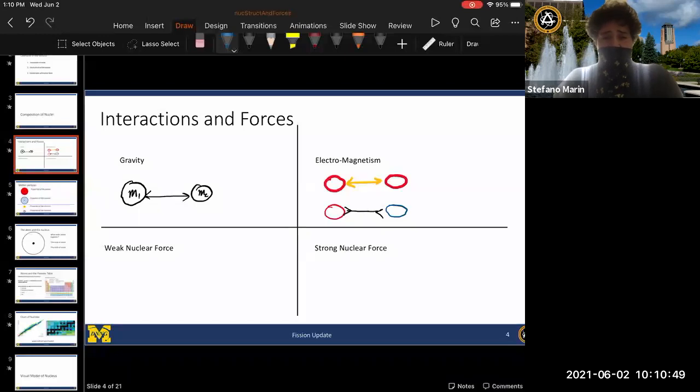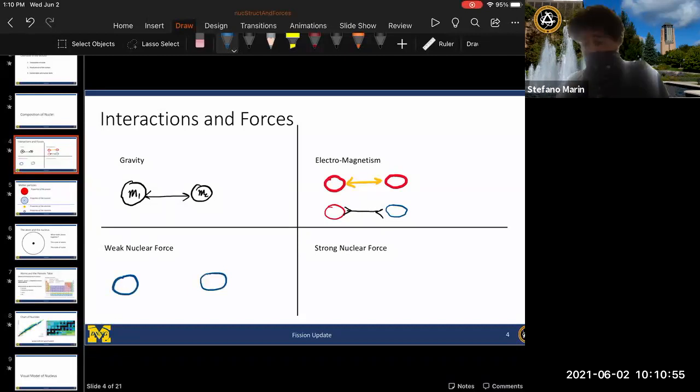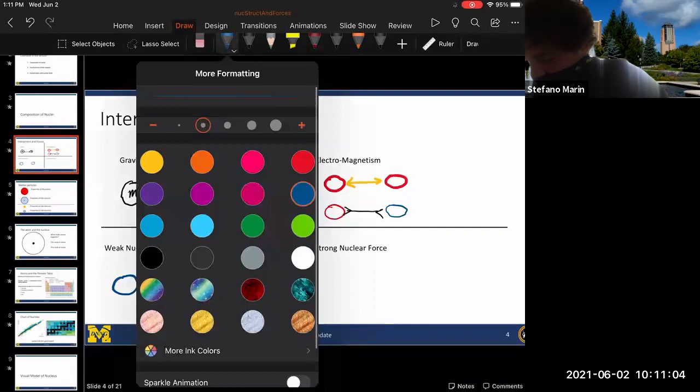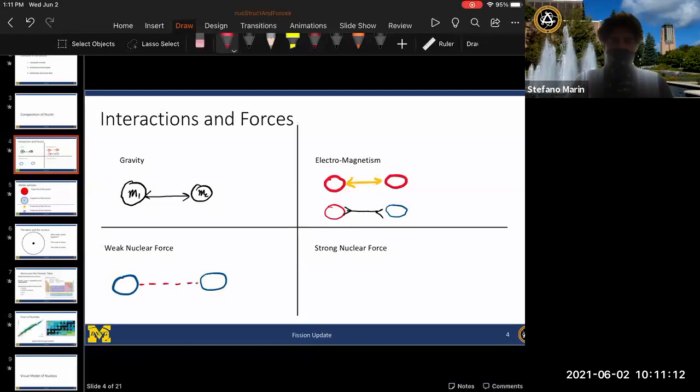But we shouldn't think about this as simply a repulsive or an attractive force between two things. It's more of a generalization of force. It's really more of a weak nuclear interaction that we should talk about. So I'm going to draw here something that is not really an arrow that determines whether two things are attractive or repulsive to each other, but simply that they are interacting with one another.